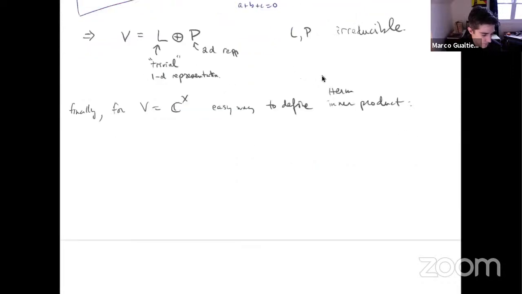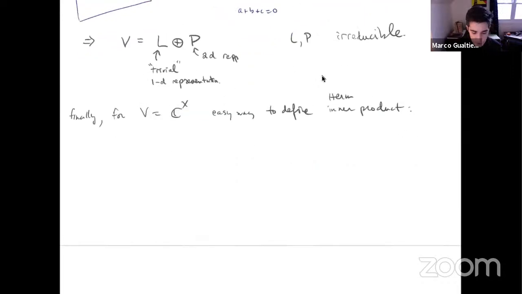So let's say F and G are maps from X to C. Then we'll define the inner product of F and G to be the value of F at P, complex conjugate, multiplied by the value of G at P, and then we just take a sum over all the points in X.